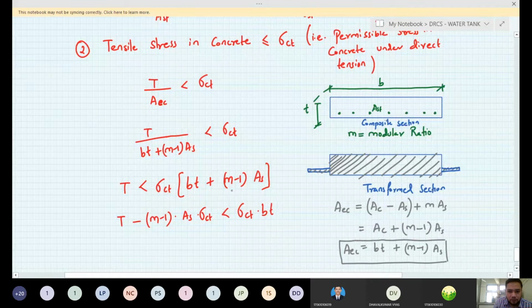We have moved this term to the left side.